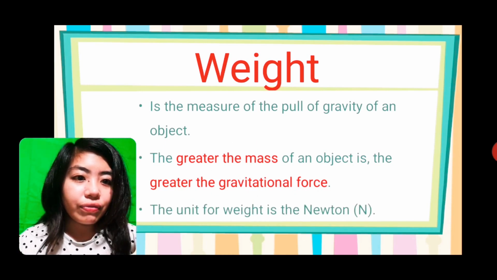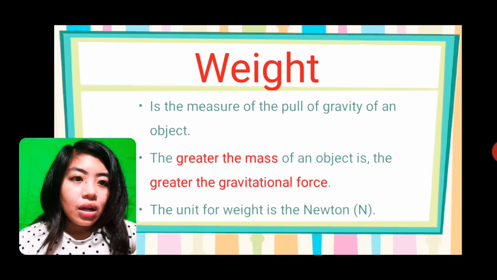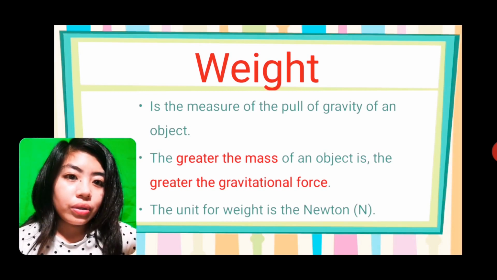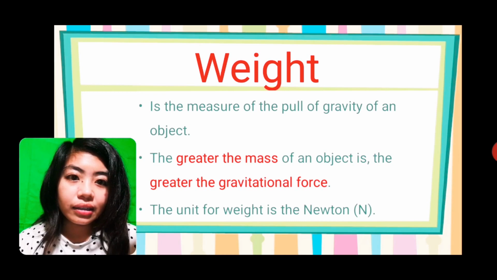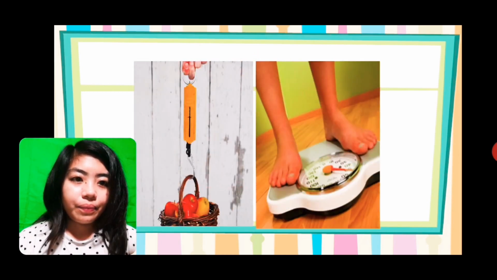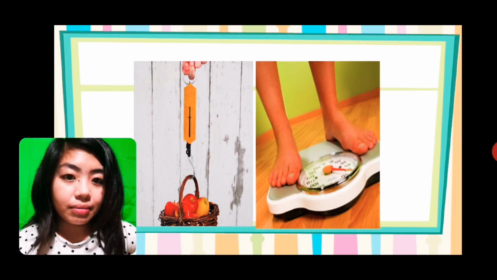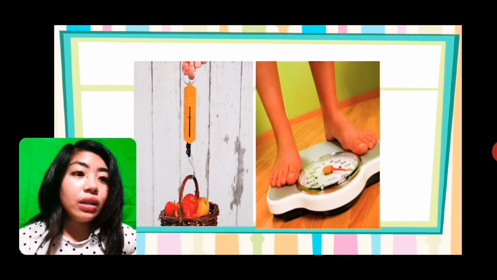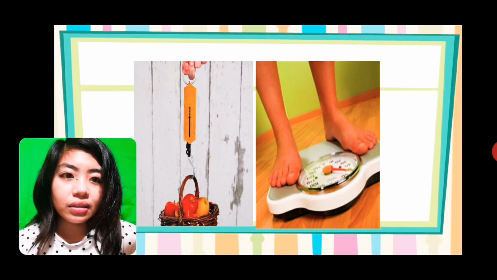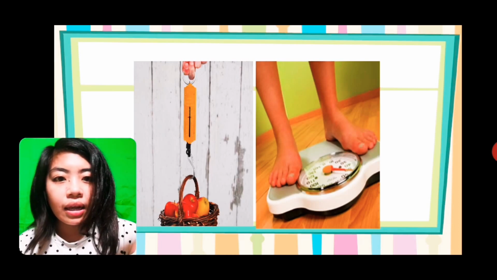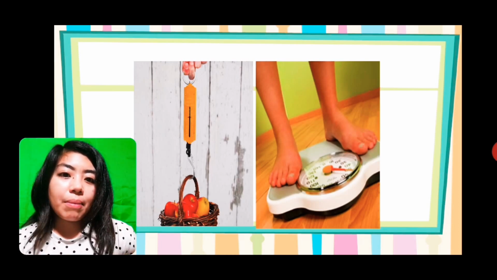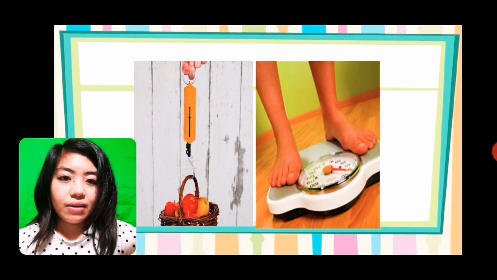So, the unit for weight is Newton, or we have the symbol na letter N. So, these are the instruments na pwede nating magamit in order to find weight. So, we have here the weighing scale. Then, yung mga weighing scale that can be found dun sa mga market. Sa mga pang-kilo, ayan.